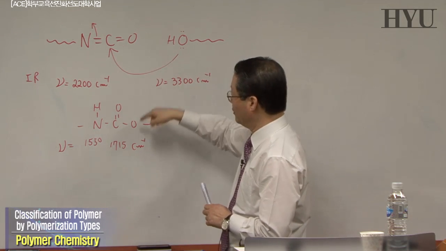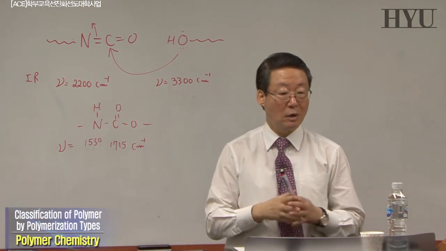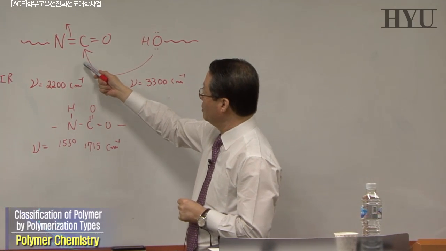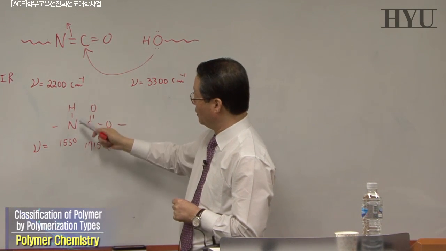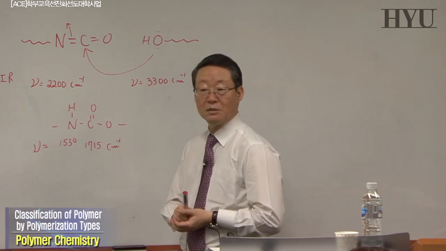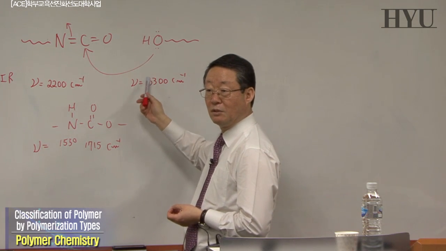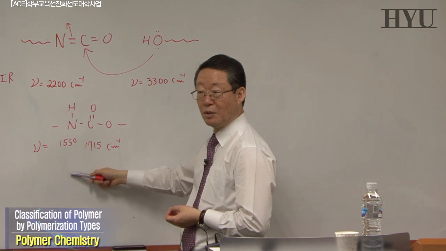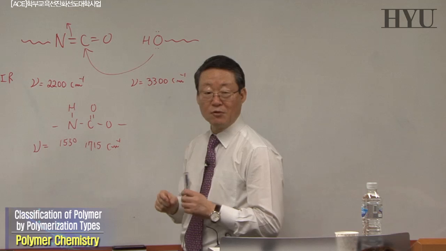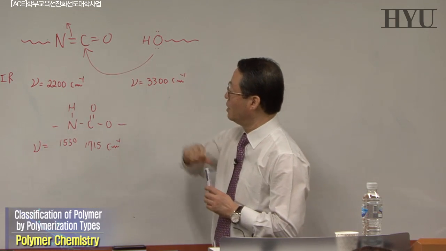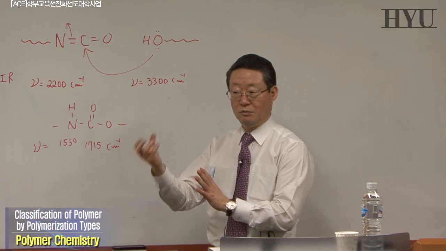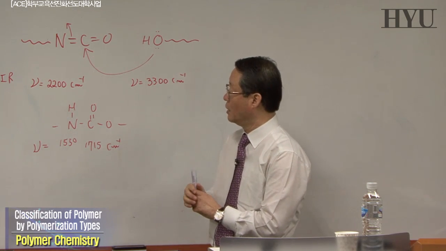So before and after reaction, if you check your IR, when the product does not have any isocyanate and hydroxyl and this characteristic peak appears, then you confirm this reaction is complete. If you still have some amount of isocyanate after reaction, then you should remove your isocyanate later on anyway.